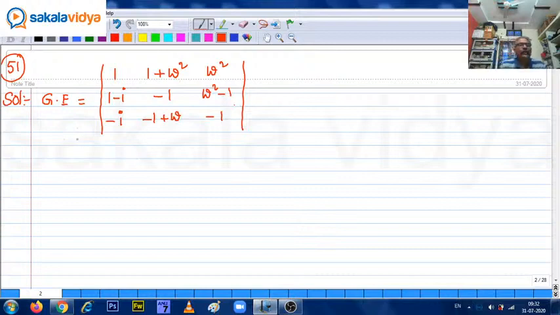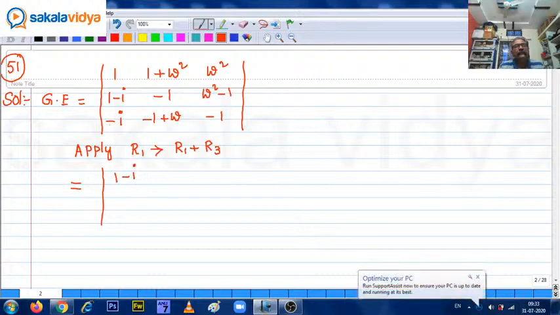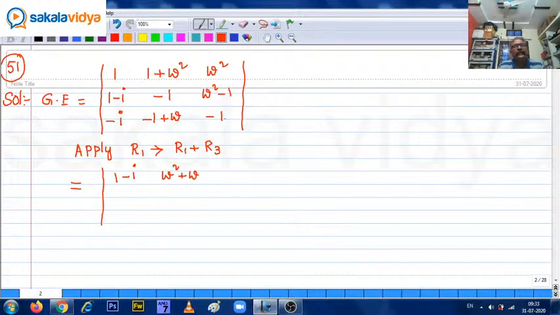So now apply R1 replaced by R1 plus R3. Now this equals 1 plus of minus I, 1 minus I, 1 plus omega square plus minus 1 omega, minus 1 plus 1 cancel, omega square plus omega, omega square minus 1, and next 1 minus I minus 1, omega square minus 1, minus I, minus 1 plus omega, and minus 1.